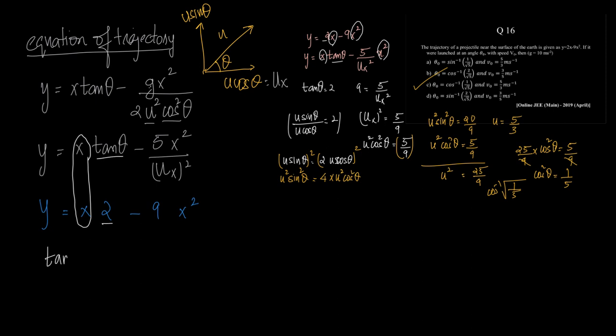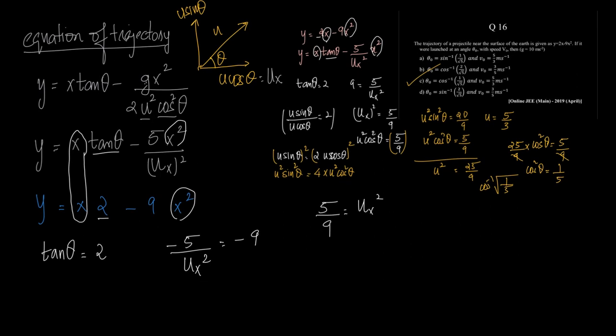Therefore, we can say that tan θ is equal to 2. If we compare x² and x² here, what is left is −5/ux² = −9, right? Or in other words, 5/9 = ux².